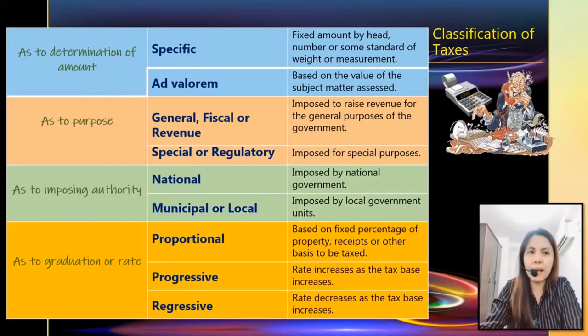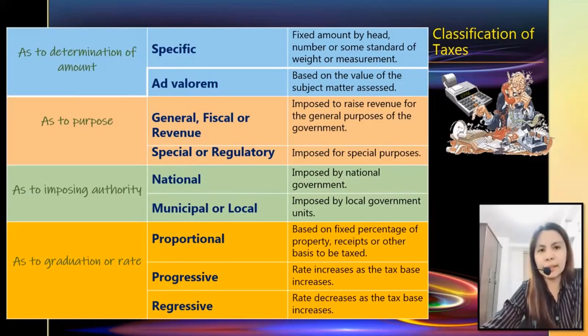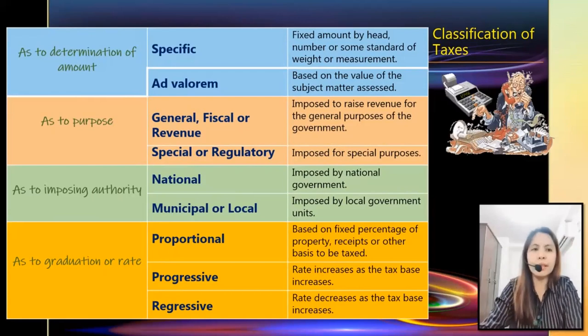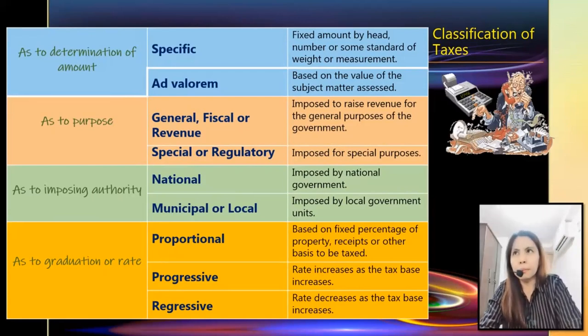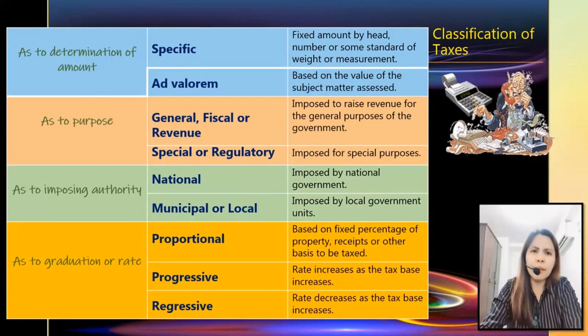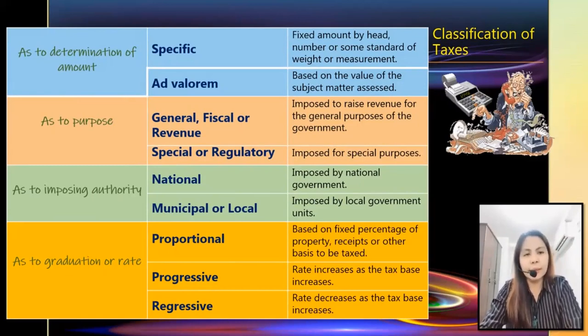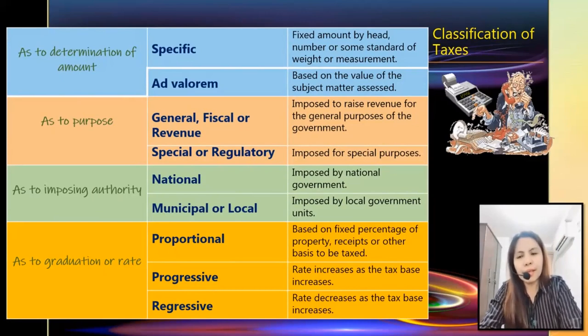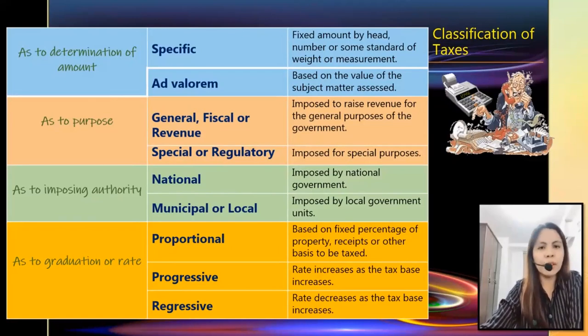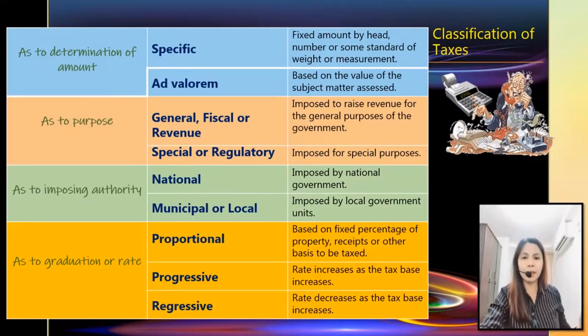Income tax, value-added tax, estate, donors, excise taxes, normally, fiscal or revenue tax. Special or regulatory, this is a tax imposed for special purposes. Say, customs duties. Value-added tax on importation. Yan, to regulate.